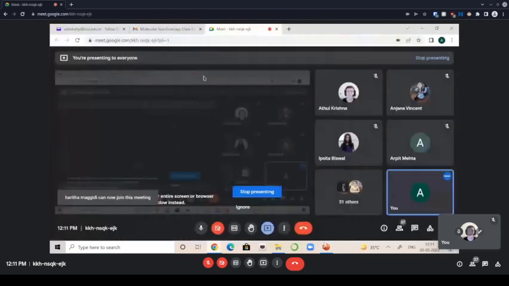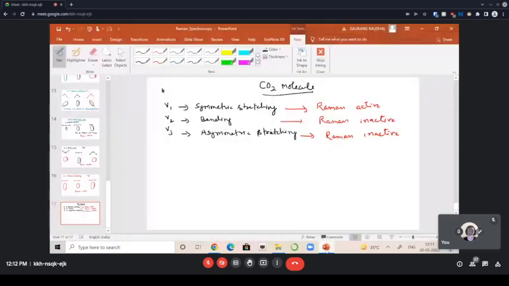This can be understood by discussing the change in the polarizability ellipsoid with respect to the displacement of the coordinates.